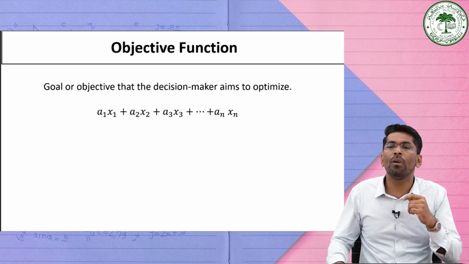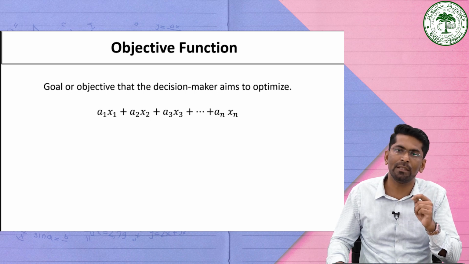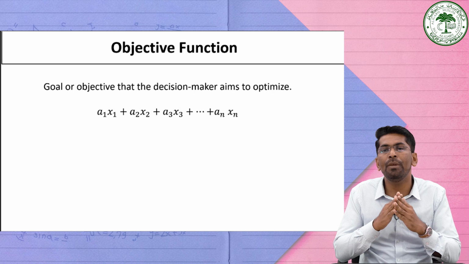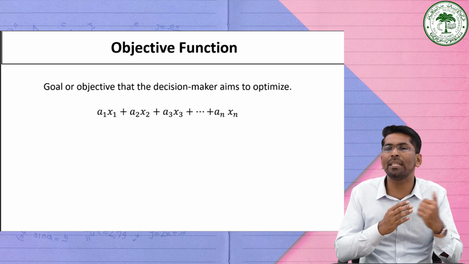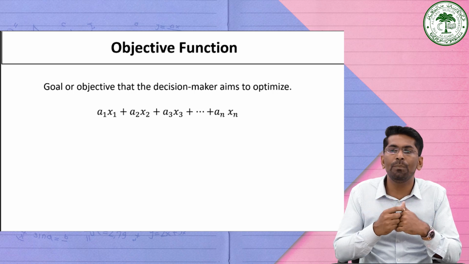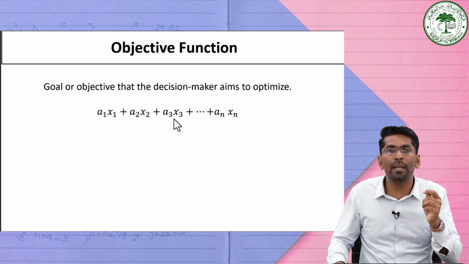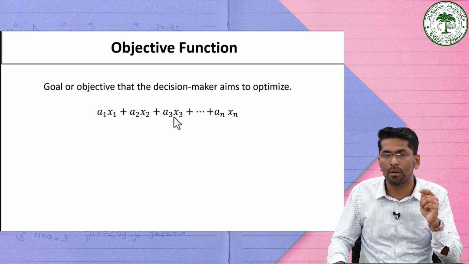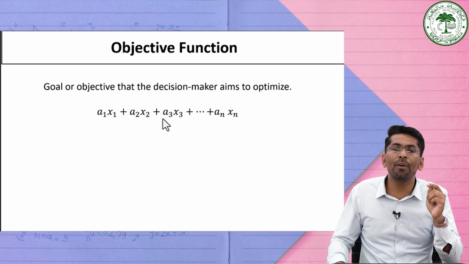Depending upon whether the objective function is maximized or minimized, this function might be preceded by either maximize or minimize. For example, if you want to maximize profit, then the variables x1, x2 and x3 represent the quantities of different outputs or commodities, and a1, a2, a3 represent the profit per unit of each product.